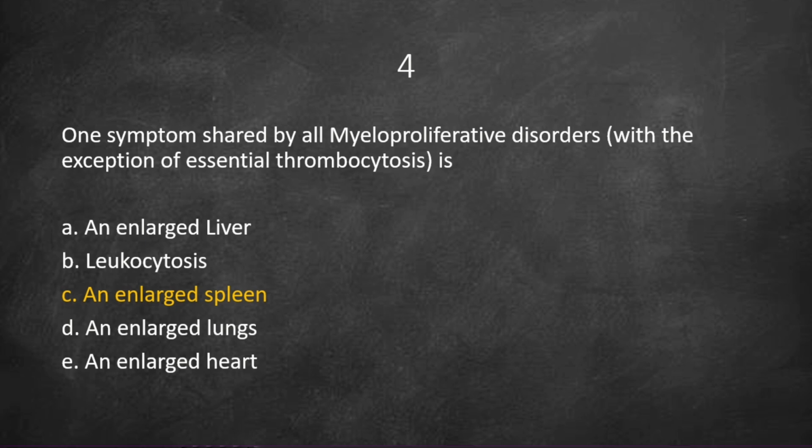If you take essential thrombocytosis, it primarily involves an elevated platelet count, but you may not always see splenomegaly. So the correct answer for question 4 is an enlarged spleen. Then question 5.